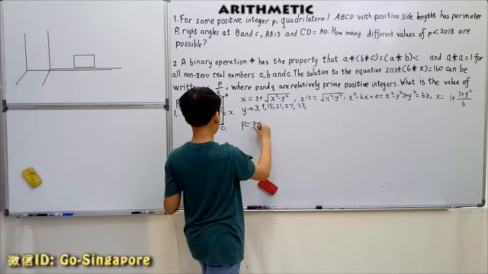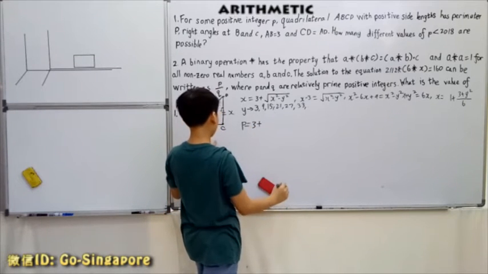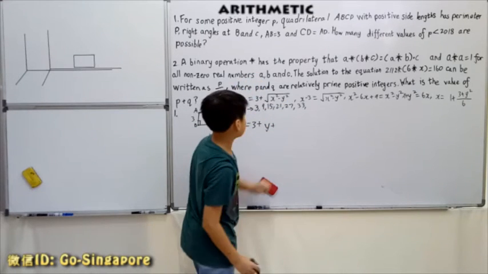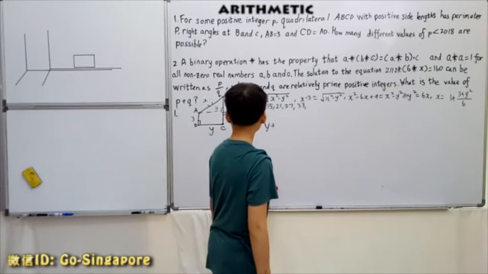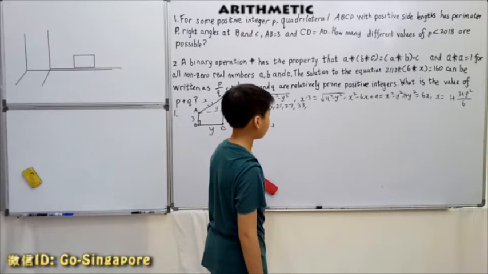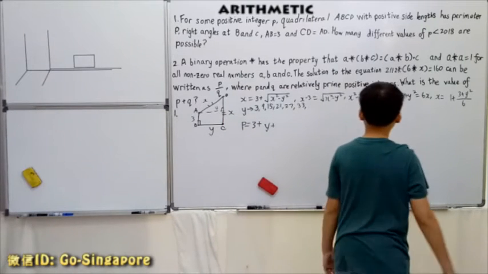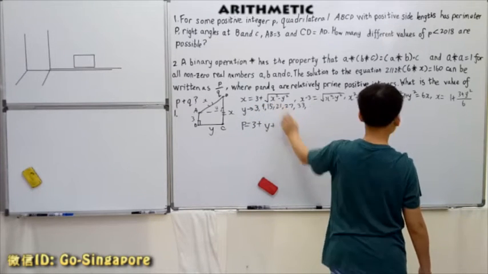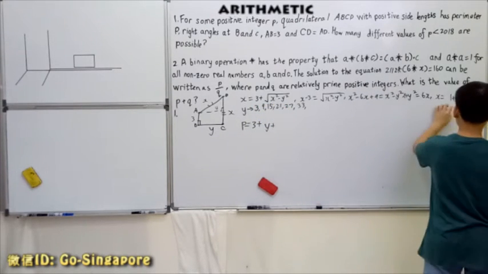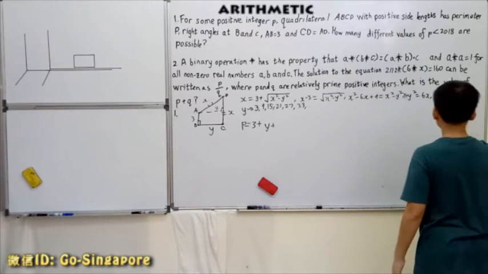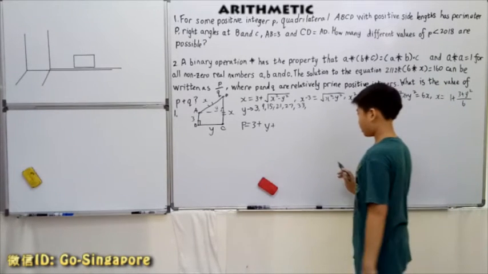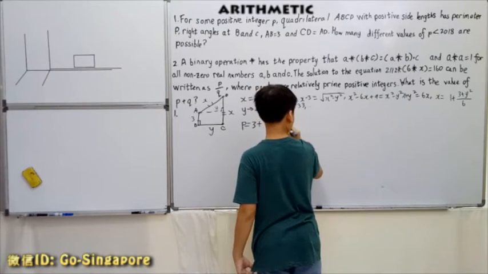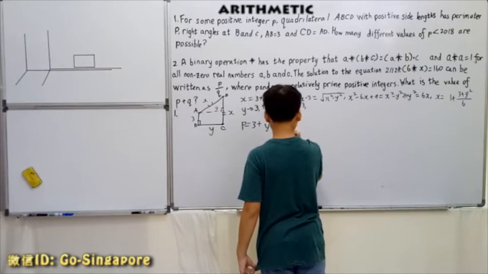This perimeter is 3 plus Y plus 2 of the X. Changing it back to its original, it is 9 plus Y squared over 6 times 2, and we have a 3 here.